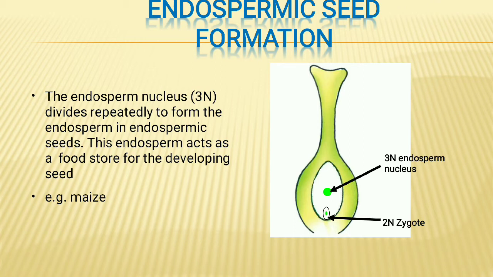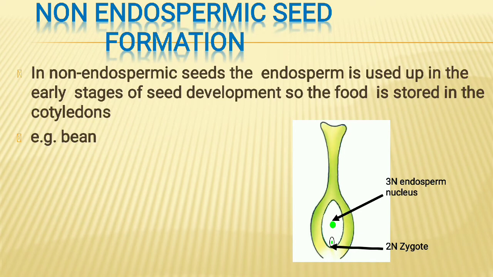That structure is nothing but the embryo. So the seed still contains endosperm. Such seeds are called endospermic seeds. Example, maize, remember.